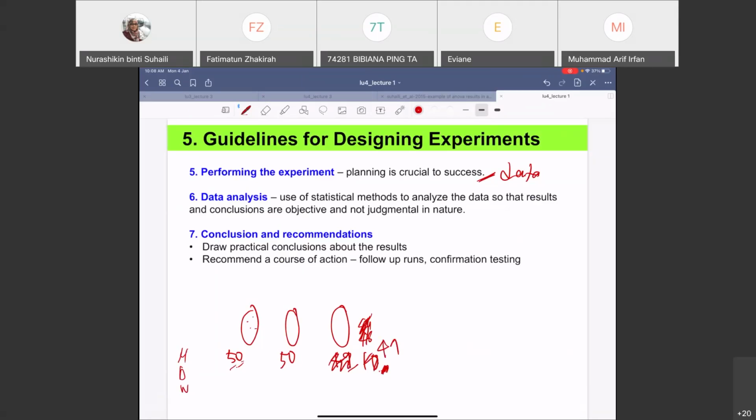I mean the data. So that is actually what we call the data that is not analyzed yet. That is what we call primary data. Primary data. Okay. Data that you measure, data that comes out directly from your measurement.